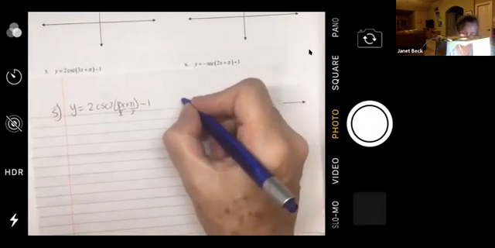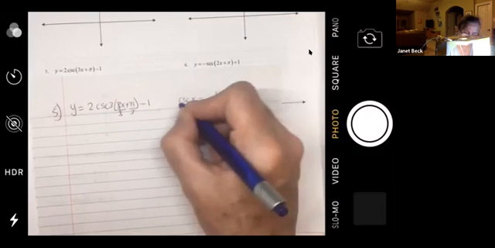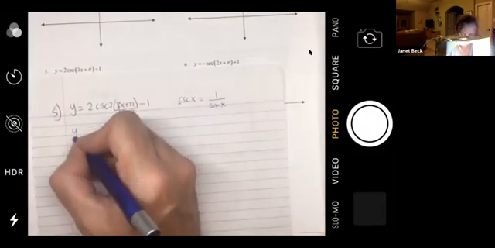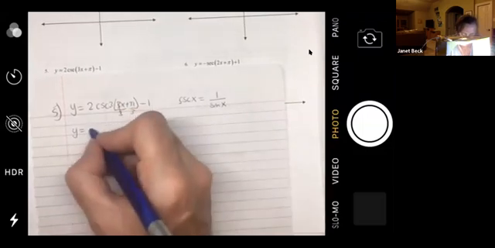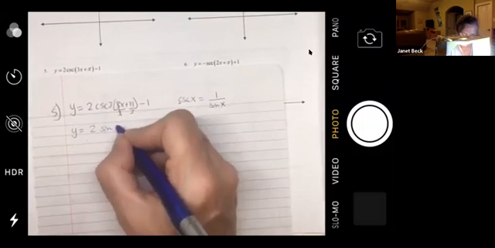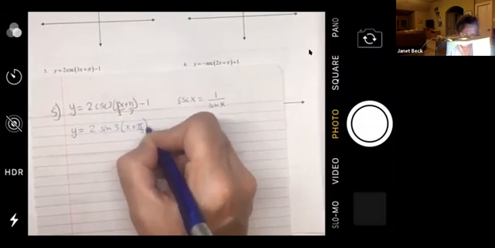When you're graphing a cosecant, remember that a cosecant is the reciprocal of sine. So what we're actually going to graph, just to get to know what we're doing, is 2 sine of 3 times x plus pi over 3 minus 1.